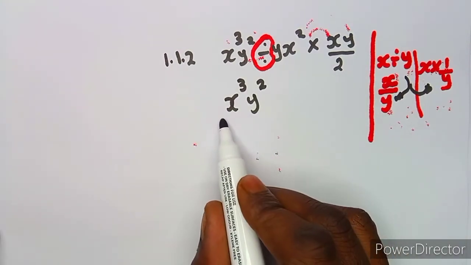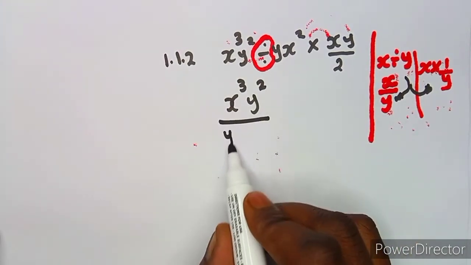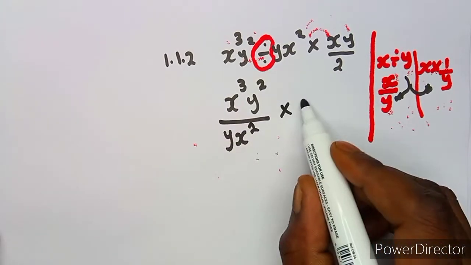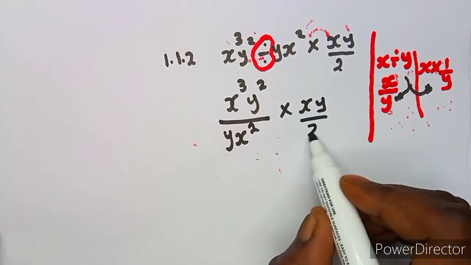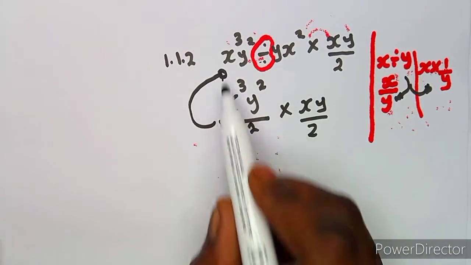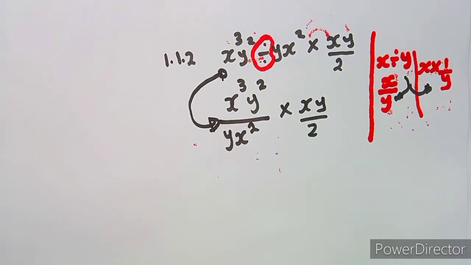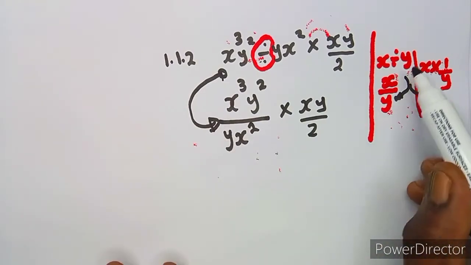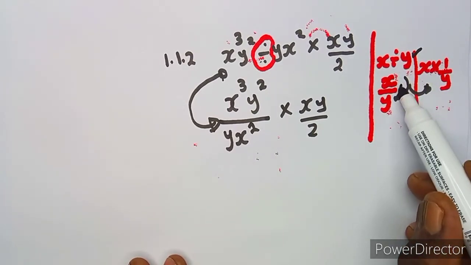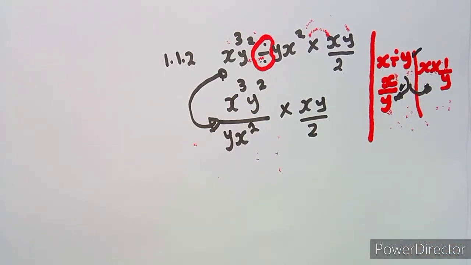Maybe some of us might understand it this way: yx to the exponent of 2, times xy over 2, which is still the same part. So this part and this part is one and the same thing. Some can understand a law written this way or a law written this way. So that is why I'm talking about this.